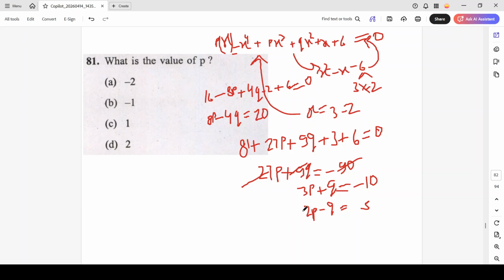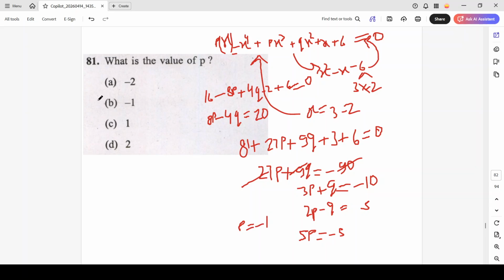Now we add these: 3 and 2 make 5p, q and q cancel out, and this is equal to minus 5. From here we get p is equal to minus 1.